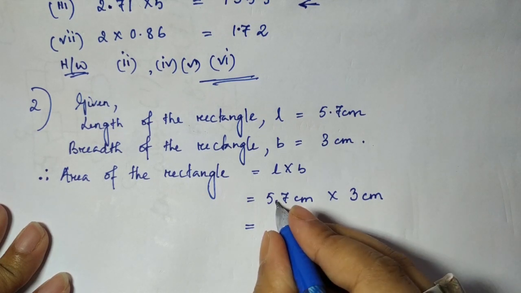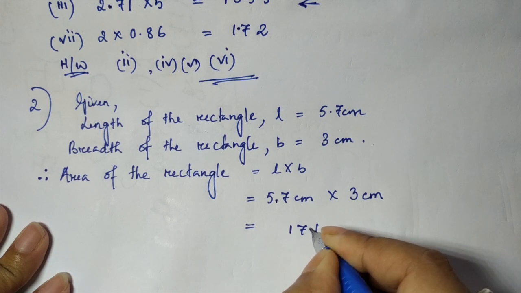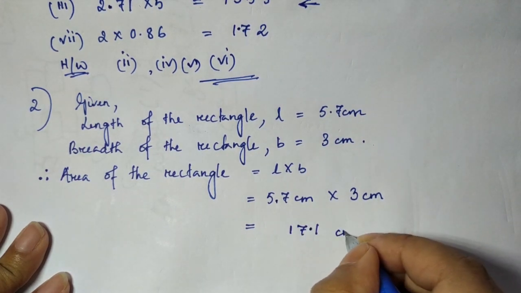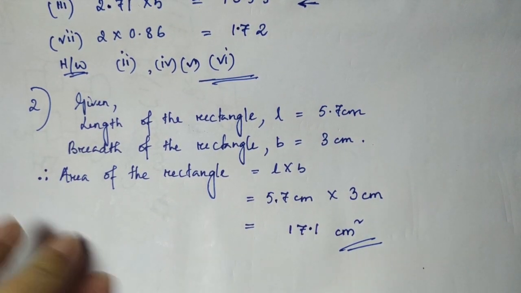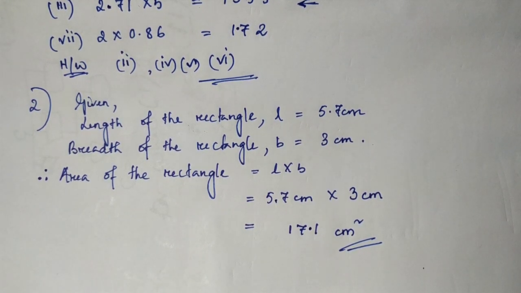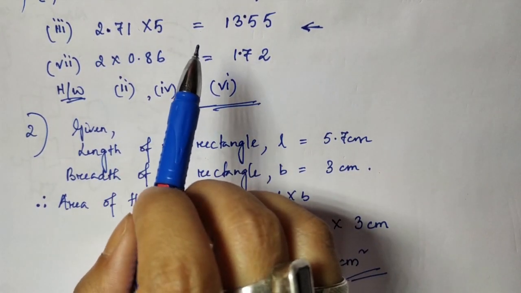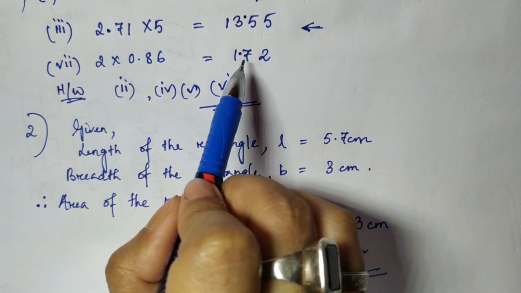And see, after the decimal there is only 1 digit. If you start from this side, 1 digit, so the decimal will be here. Centimeter into centimeter, centimeter square, the unit of area. So the area of the rectangle is 17.1 centimeter square.